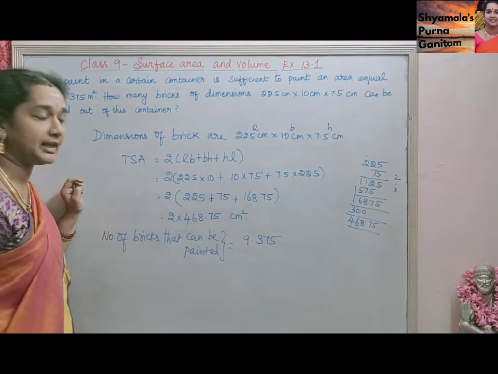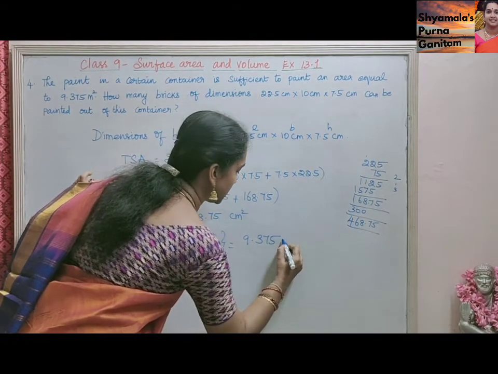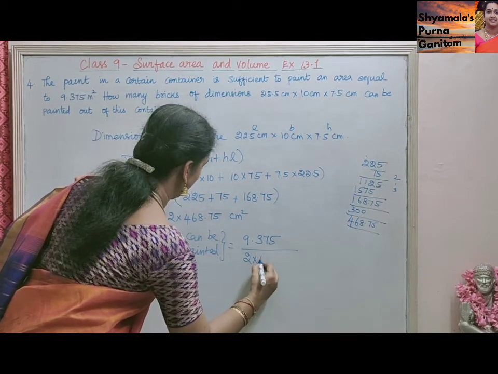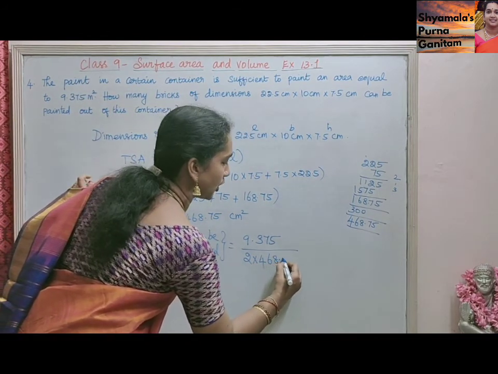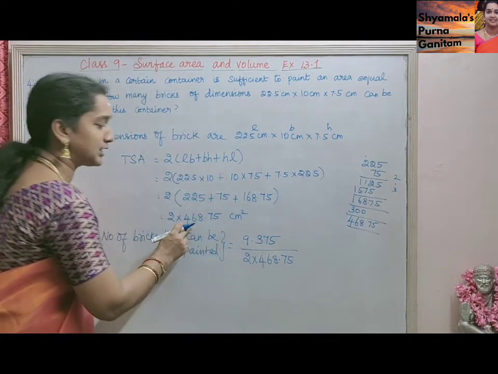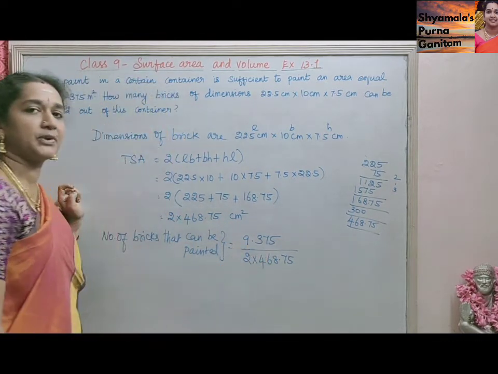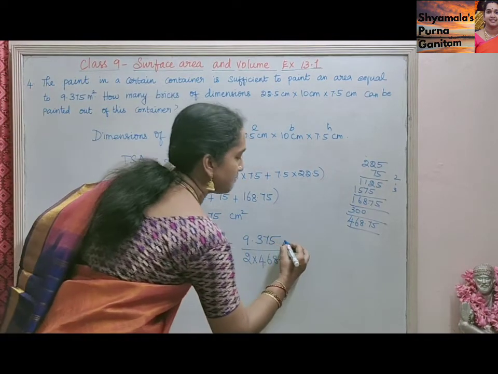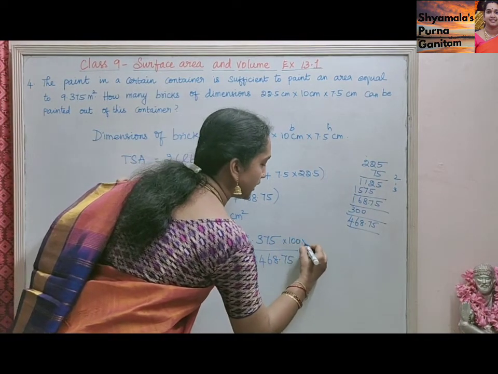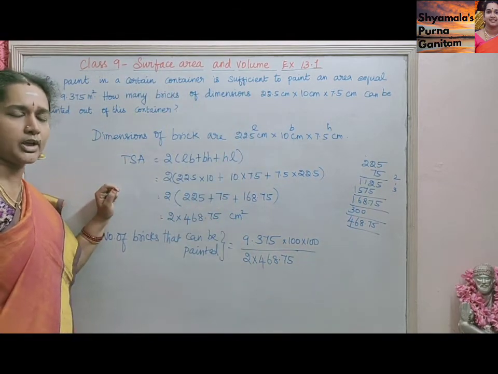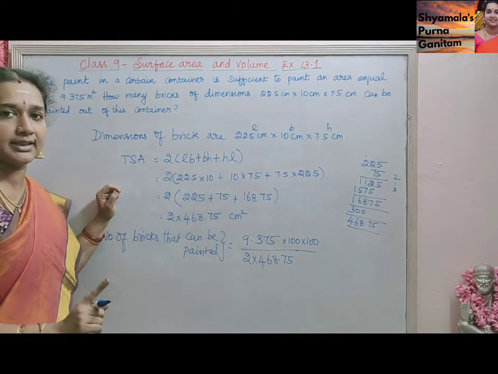It is given in meter square. So this divided by 2 into 468.75. The brick area is given in centimeter square, but this 9.375 is given in meter square. So 1 meter square is equal to 100 into 100 centimeter square, since 1 meter is equal to 100 centimeter.